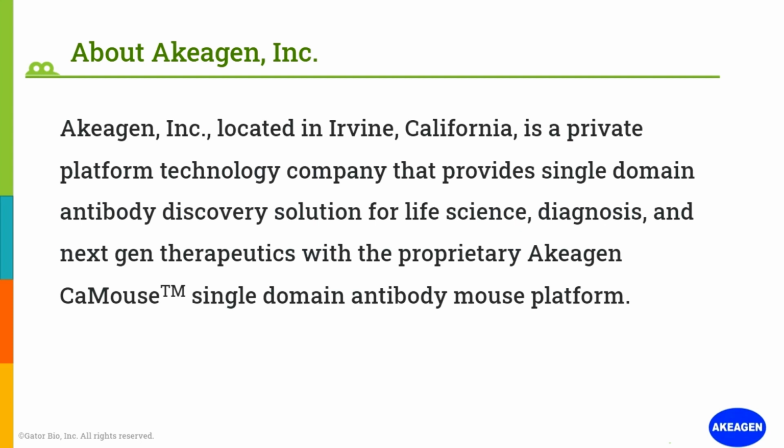So I founded Akeagen company early in 2015. At that time, I started working with camelids for single-domain antibody discovery. So I found that there are a few challenges in using the camelids, the large animal, to generate single-domain antibodies. So first is the number of the animals we can access. The second is the immunization.